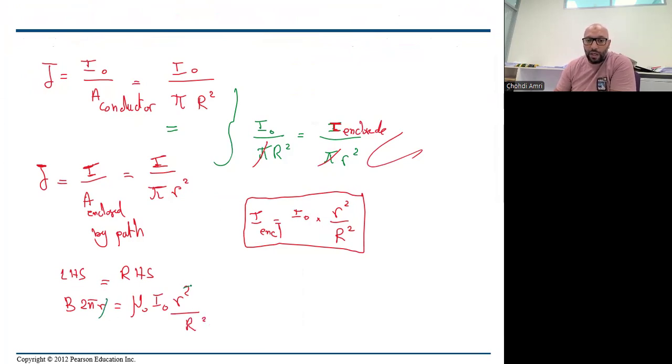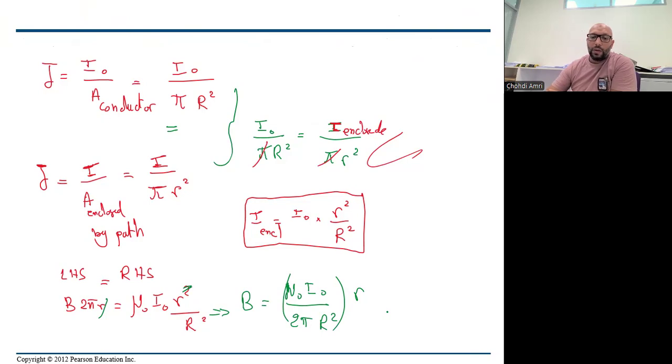We can simplify by r, and we get B equals mu naught I naught r divided by 2 pi capital R squared.